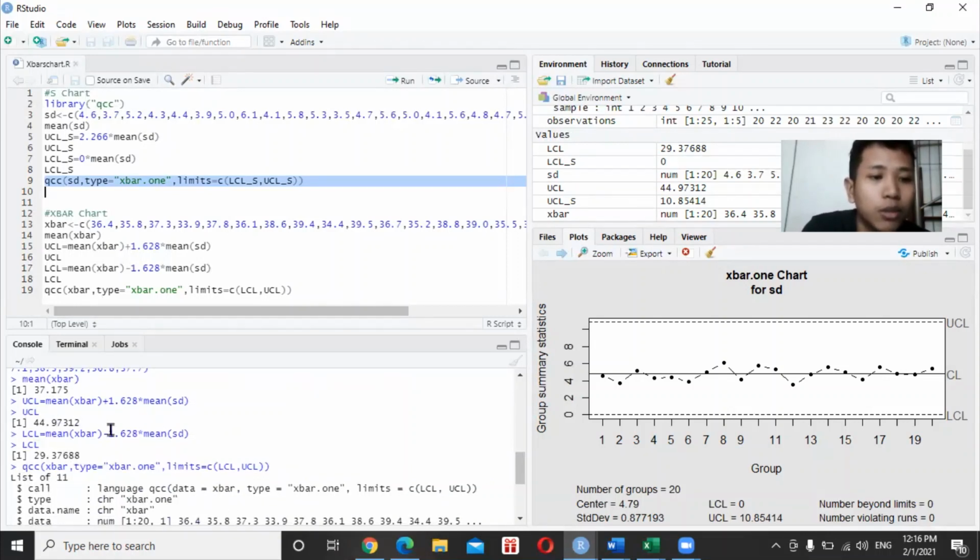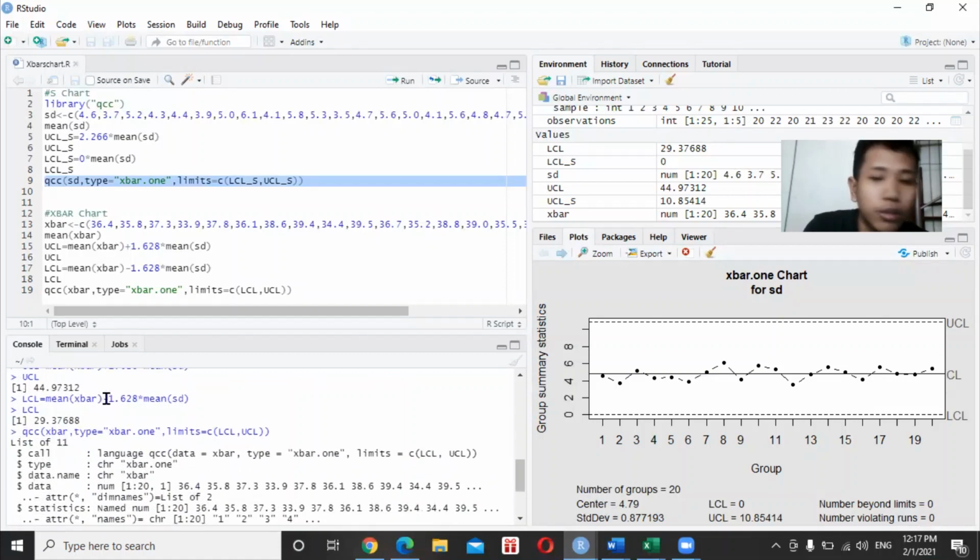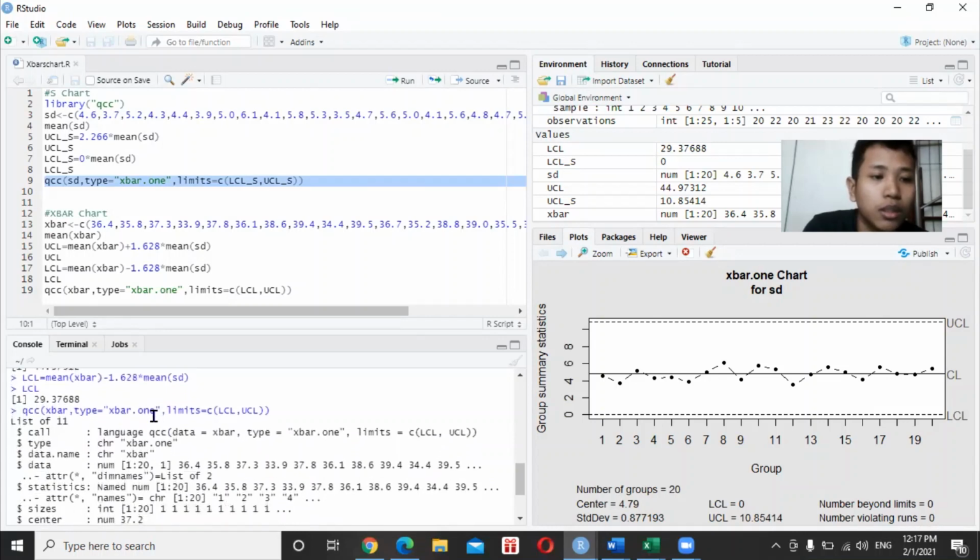Continue with the upper control limit, S double bar plus A3 times S bar, where A3 is 1.628. There you get the value for the upper control limit, 44.97312, then the lower control limit, 39.37688. There you go.